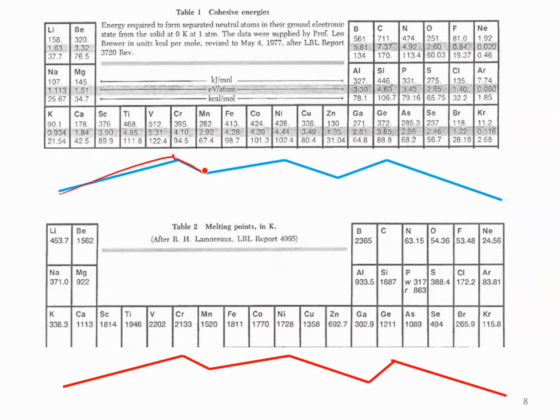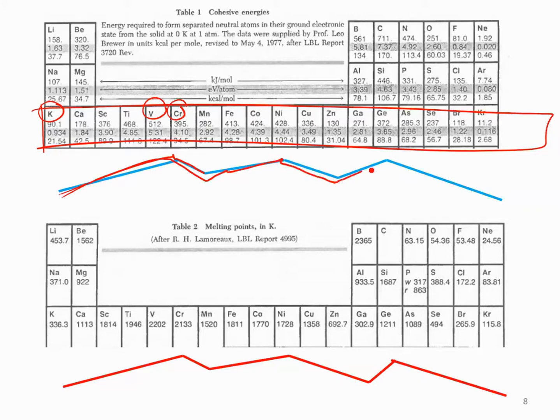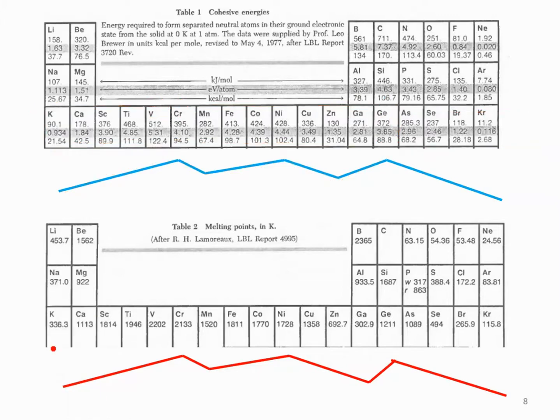Actually I'm comparing from this row, from potassium to chromium. So it increases and then decreases, increases to nickel, decreases to zinc, increases to germanium. Maybe you can see the trend.